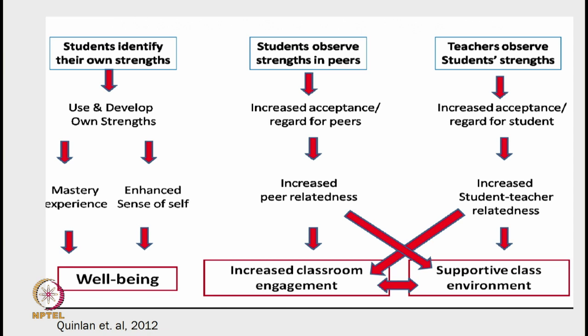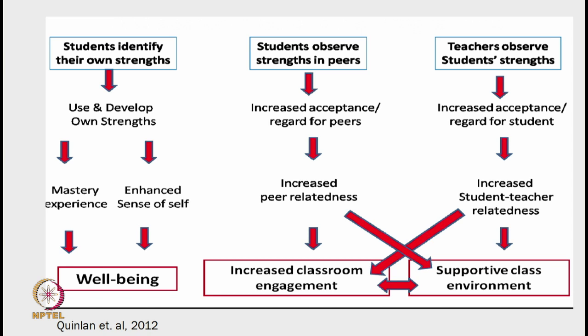For example, this study by Quinlan and his associates in 2012 shows how, if we have certain intervention programs related to character strengths, they change our surrounding environment as well as the well-being of participants or school students. This model says that when students identify their own strengths, during this period, use and development of strengths is the intervention strategy in which they ask participants or school students to use and develop strengths.